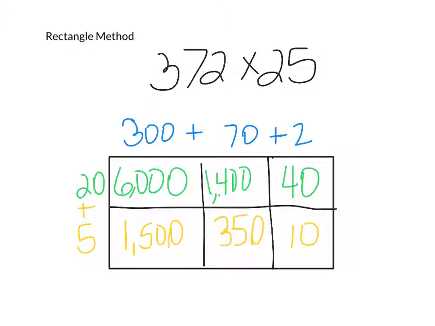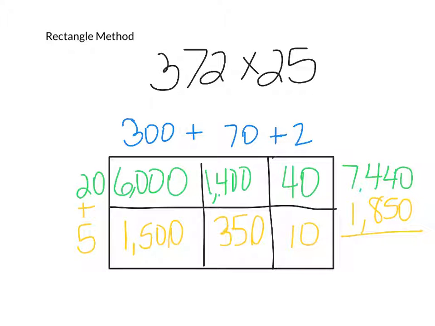So if I add all these together, I'm going to do my top row first. 6,000 plus 1,400 plus 40 is 7,440. And 1,500 plus 350 plus 10 is 1,850.